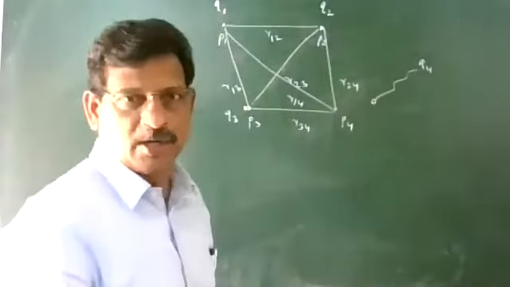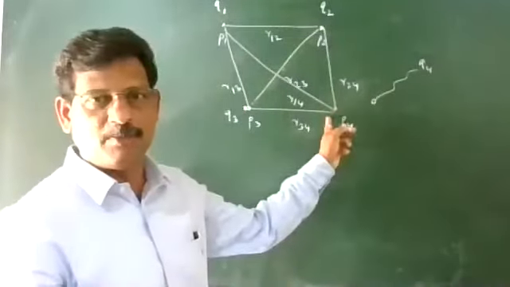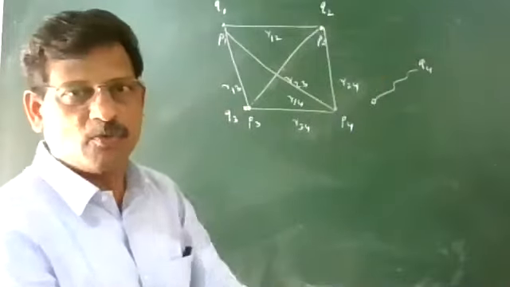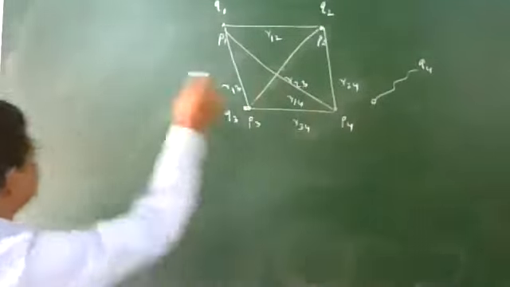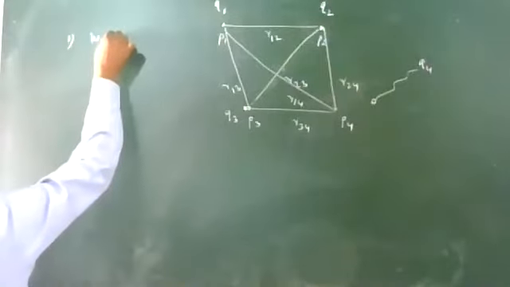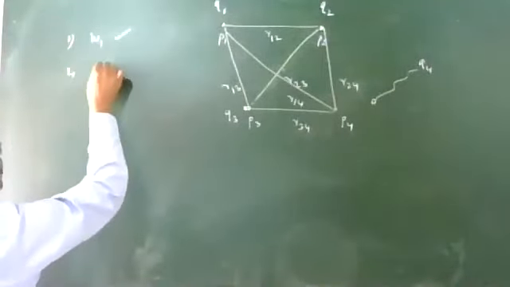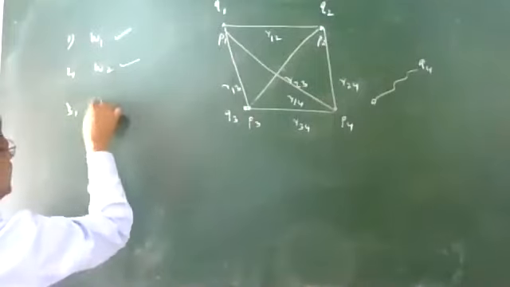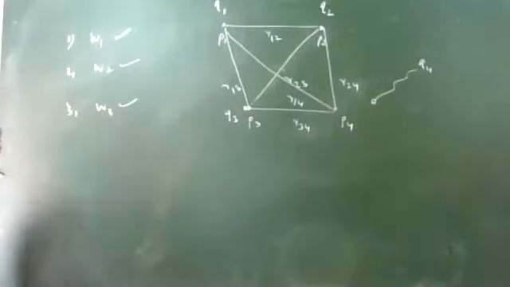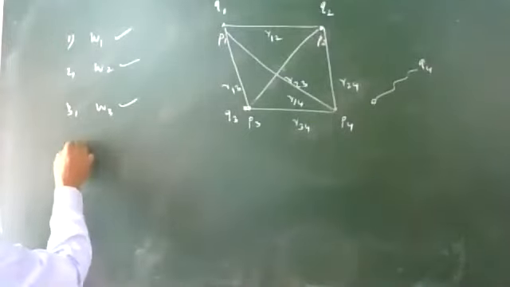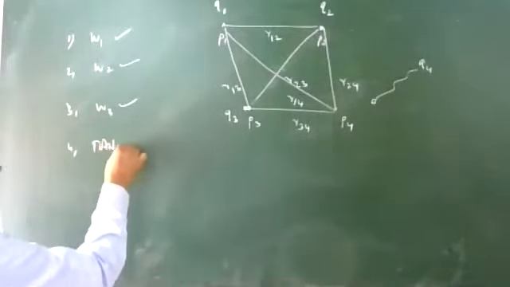What is the total work done? Total potential at the point P4 into the charge you are bringing. So W1 exactly same, W2 exactly same, W3 exactly same. After writing this much, suppose it is asked to calculate the total work done. The next point will be total work done.